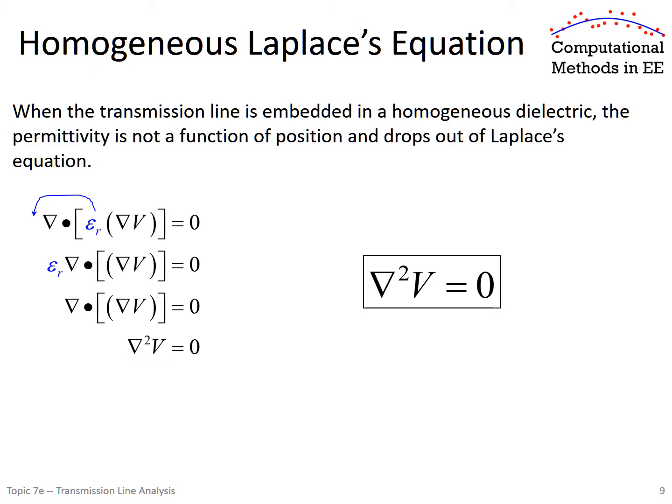So this is, again, Laplace's equation, but for homogeneous media. And it's a lot simpler than the equation on the previous slide. It's really the same equation. It's just that the equation on the previous slide was for general inhomogeneous media. Clearly, this is the easier equation to solve.